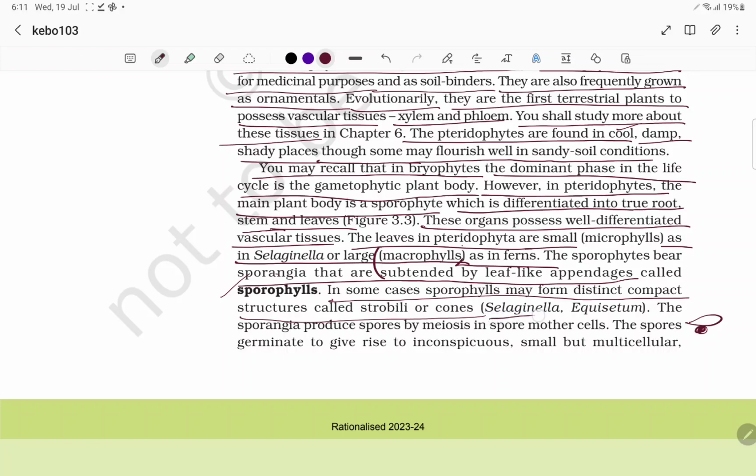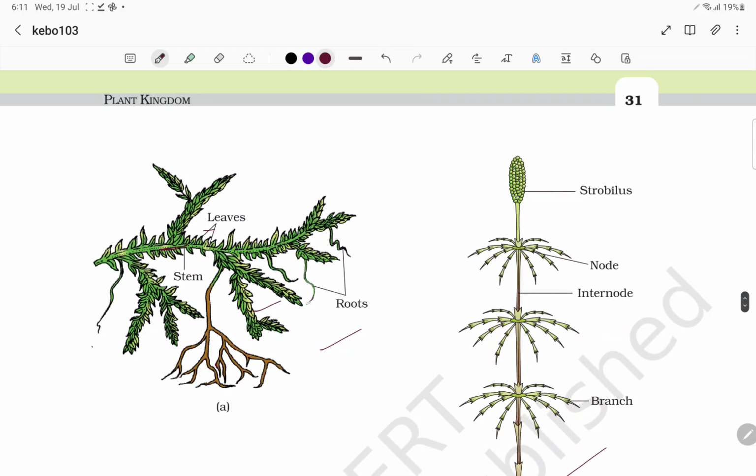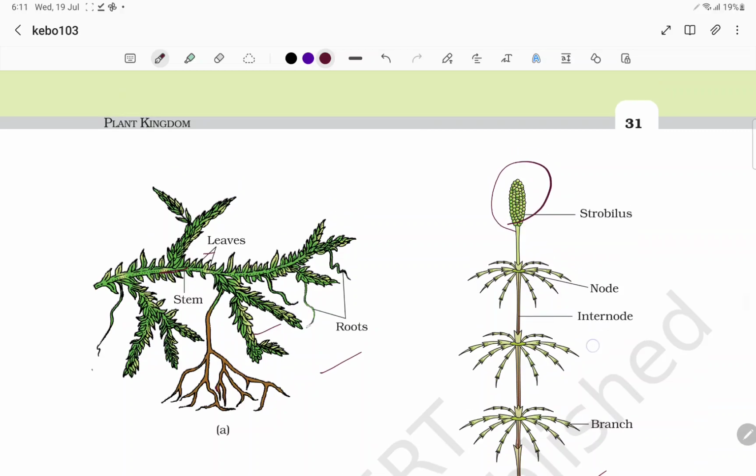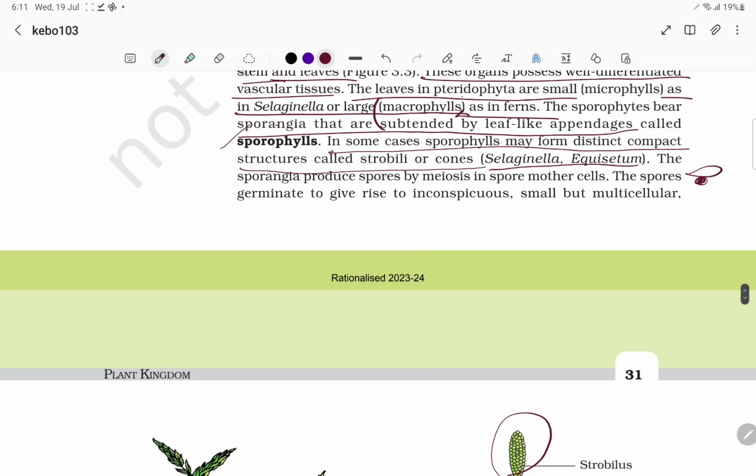In Selaginella and Equisetum you have such a cone-like structure, where all the sporophylls are formed into a compact structure. Sporangia produce spores by meiosis in the spore mother cell.